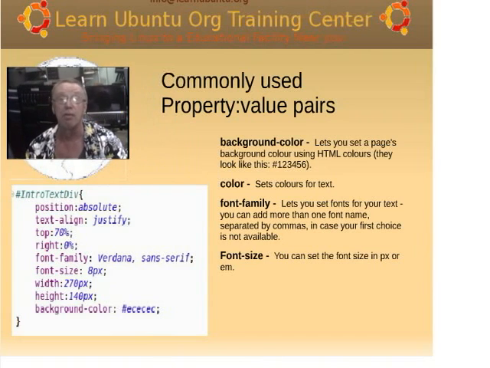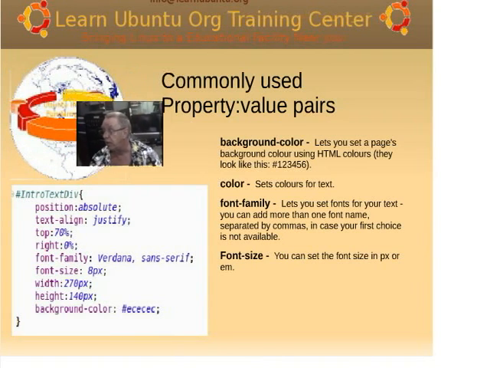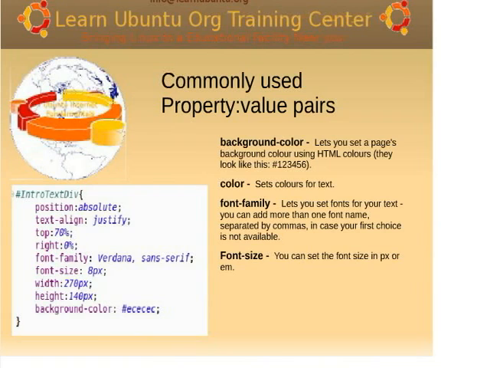Now, there are some commonly used value pairs. There's a lot of value pairs. That's the bad news. The good news is there's maybe a dozen or so you're going to use regularly, and we outline some of those here: background-color, color, font-family, font-size. Again, these should be lowercase. PowerPoint Impress tends to help me, and sometimes I don't catch it.